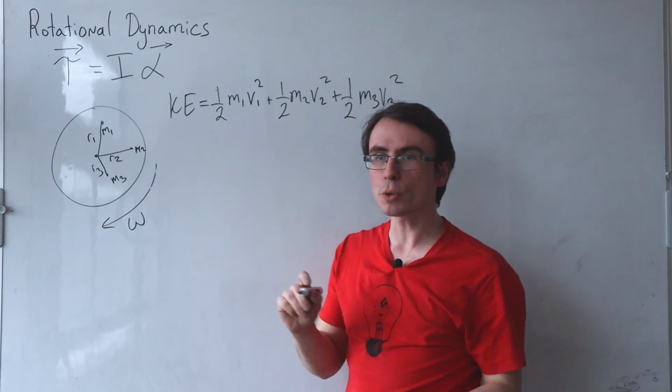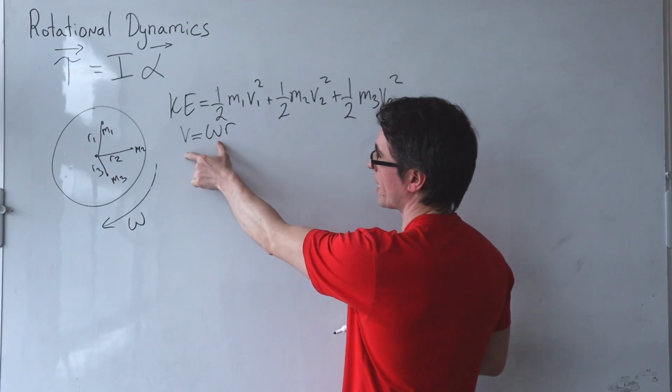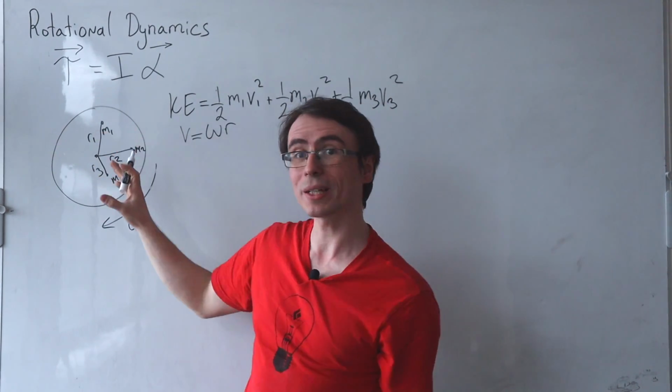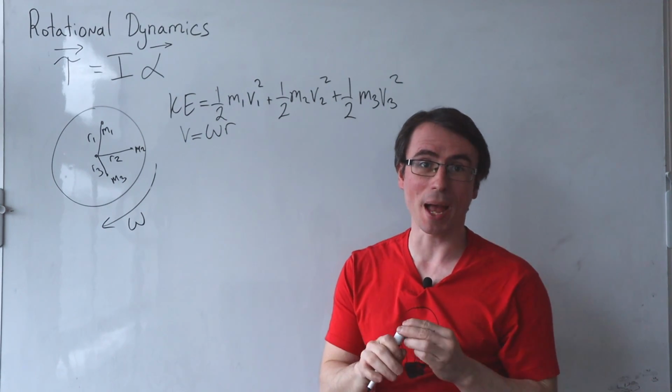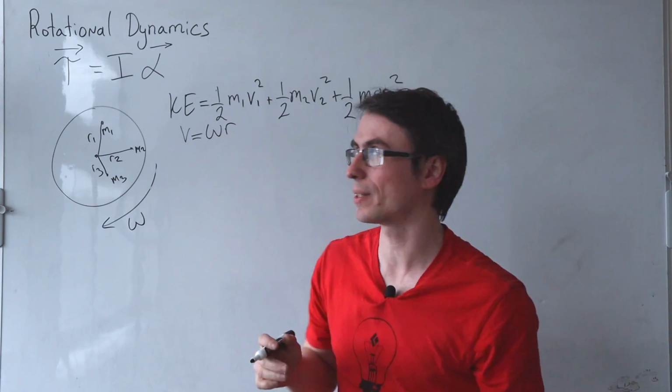Now what we're going to apply is the fact that v is equal to omega r, and all of the particles here are going to have the same angular speed. If they don't have the same angular speed, then the disk will essentially disintegrate.